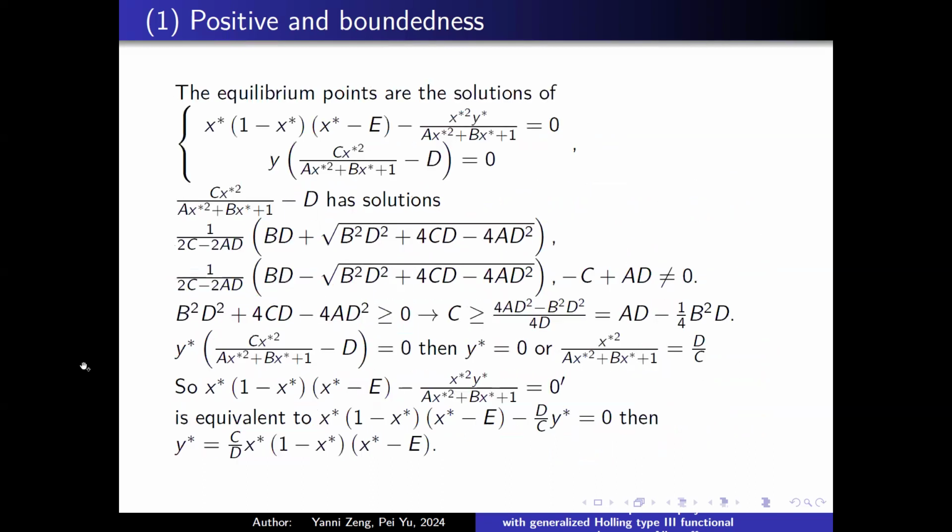Now we will apply it to the model, the second model. From the second one, we need to find the equilibrium points and the solution. So we just put them equal to 0. How to solve this?